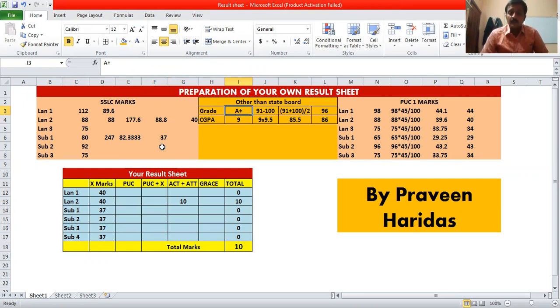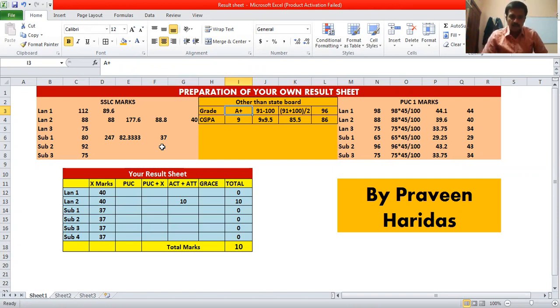It means the student may have scored between 91 and 100. At that time you need to take the lower limit and the upper limit and divide the sum by 2. Whatever the average is, that will be taken as that subject's marks. Whichever subject it may be, later on it will be converted into 45 marks as we did with the languages and subjects. So you need to do it for each subject.